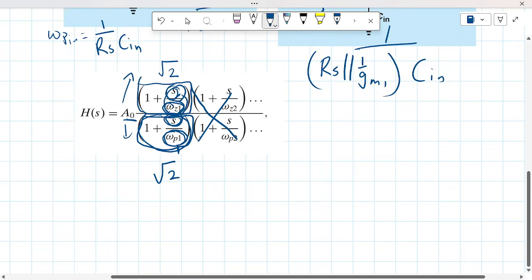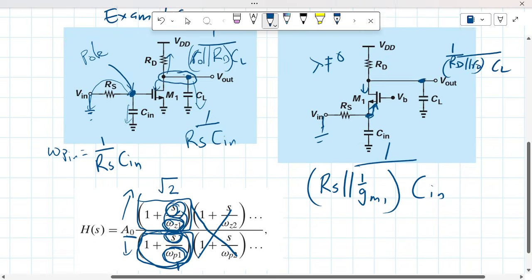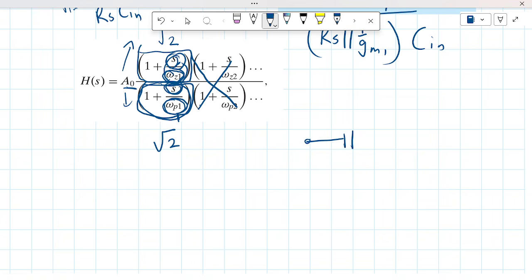Now what if you come across an interesting case like this? Assuming you are to find a pole of a circuit that has some form of capacitance which goes like this. Let me call this the feedback capacitance, and there is a resistance here to the input.